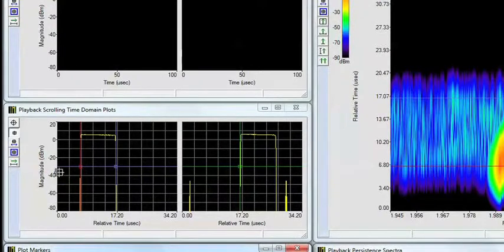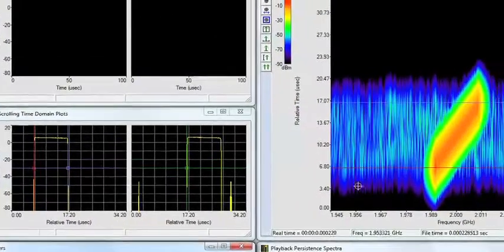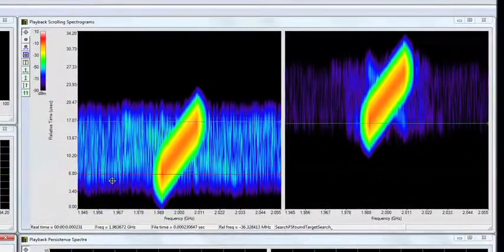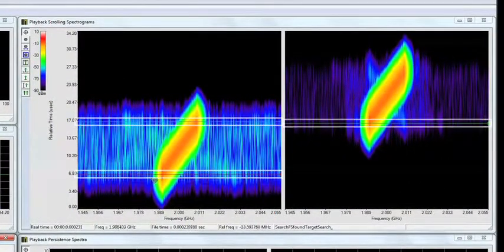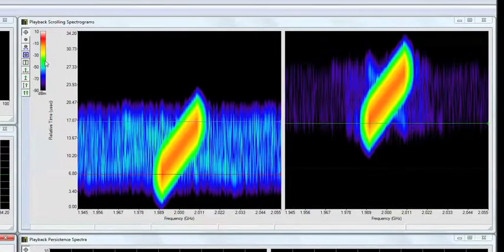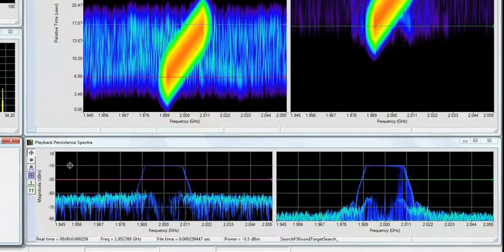When I place the marker, it is at a specific magnitude and therefore is placed equivalently at that power level in the spectrogram, because the spectrogram measures, amongst other things, power in addition to time and frequency. And in the case of the persistence spectrum, it is placed at the corresponding magnitude across a frequency plot.